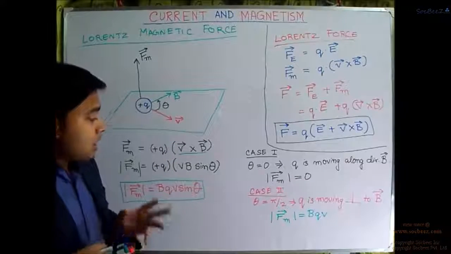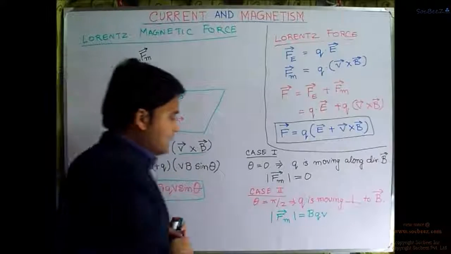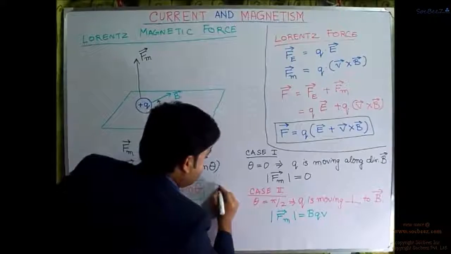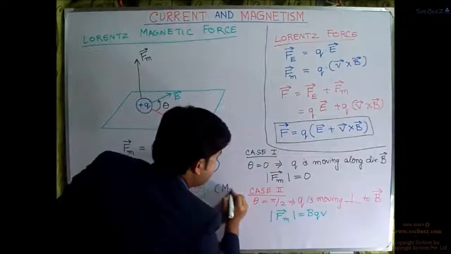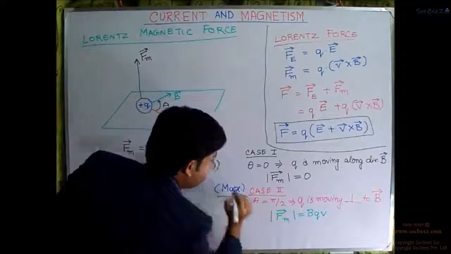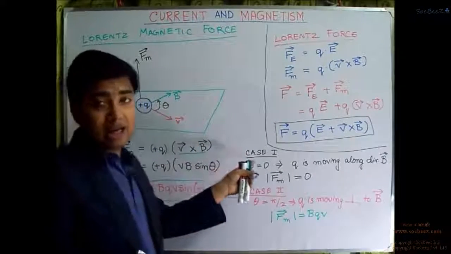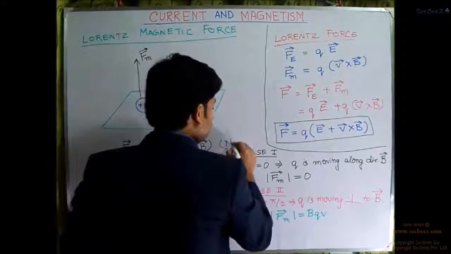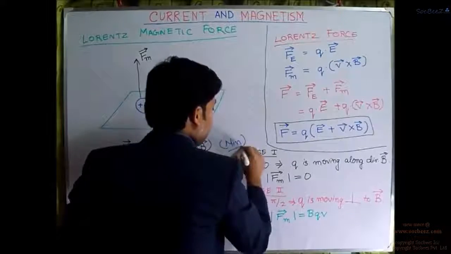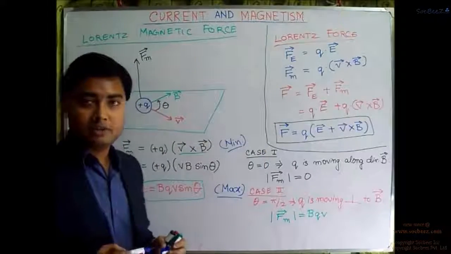We can see that in case 2, the Lorentz magnetic force experienced is the maximum, and in case 1, it is the minimum. Thank you.